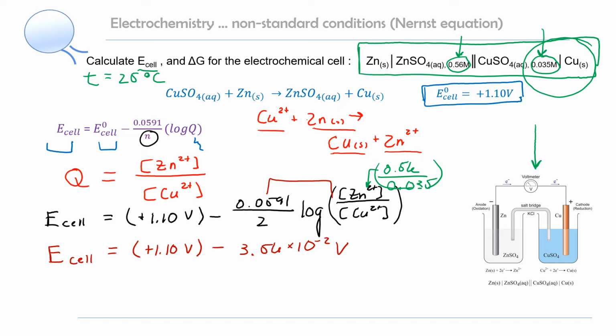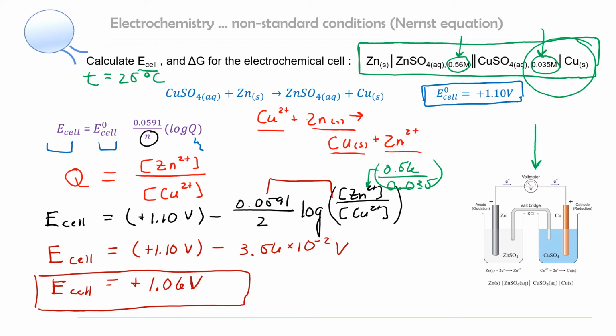Okay, so our cell potential will be a little different under these conditions. It's now going to be a positive 1.06 volts. So the Nernst equation has allowed us to predict the cell potential when we are working under conditions that aren't standard conditions.